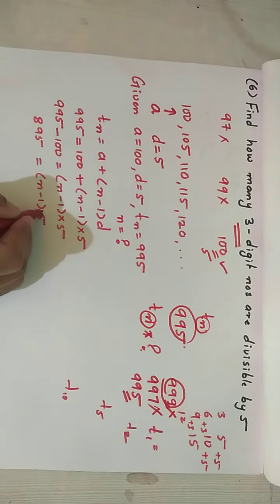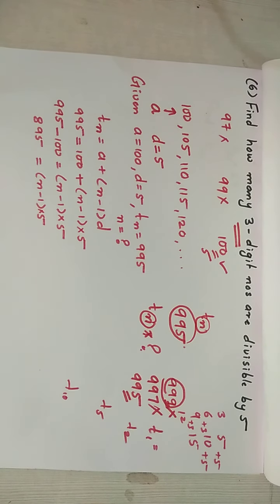Now this 5, we need to shift it on the other side. 5 is multiplied over here, so 5 will get divided over here. 895 divided by 5 is equal to n minus 1.